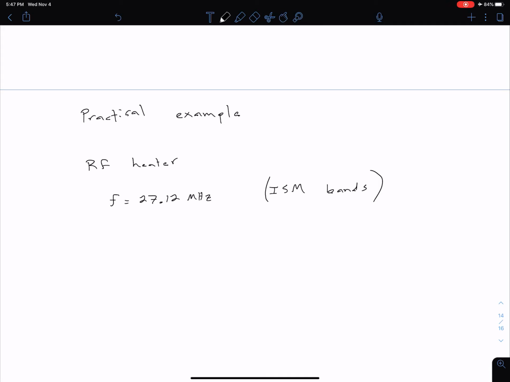With this frequency, we can calculate our free space wavelength to be equal to c over f, realizing that the velocity might be a little bit lower than the speed of light. But if we use that as an upper limit, this wavelength is approximately 11.062 meters.